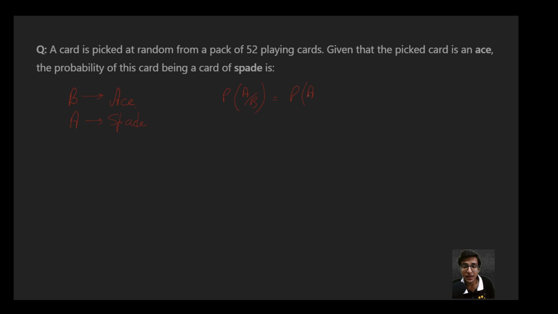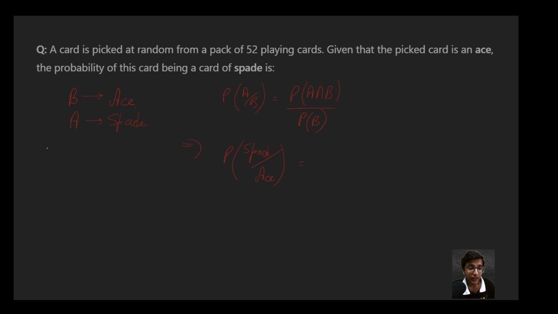This is written as P(A intersection B) upon P(B). For this scenario, the probability of the card being a spade, given that the card picked is an ace, would be equal to P(A intersection B) upon P(B). That means it must be a spade as well as an ace.